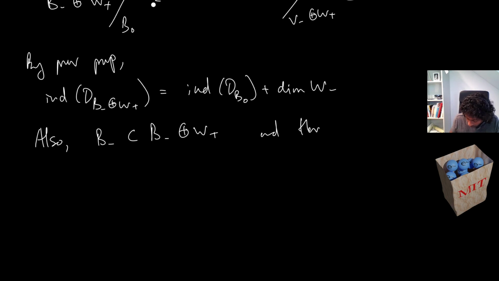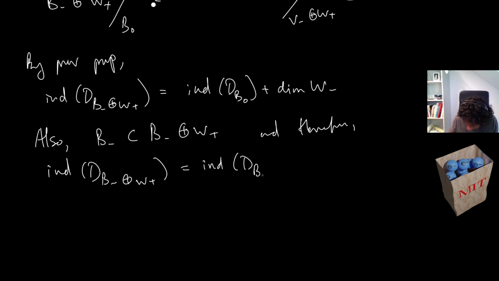Therefore, the index of dB minus plus W plus is equal to the index of dB minus plus the dimension of W plus.